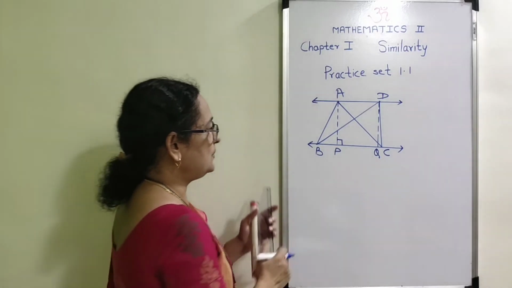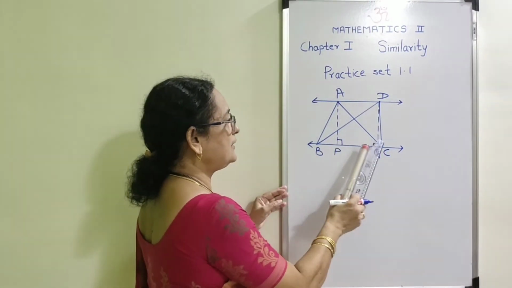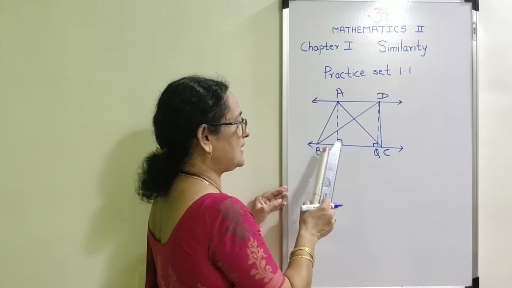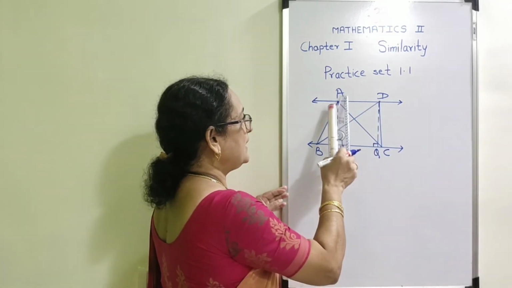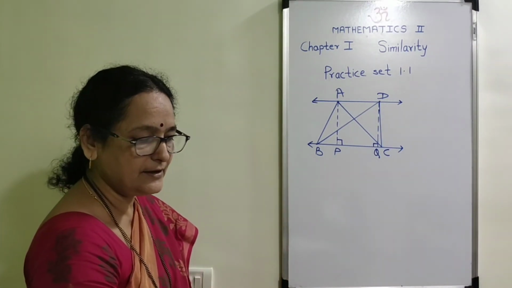Now by the property that the perpendicular distance between the two parallel lines is always constant, AP and DQ, both the heights are one and the same.